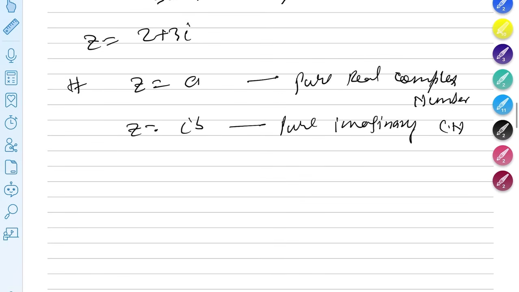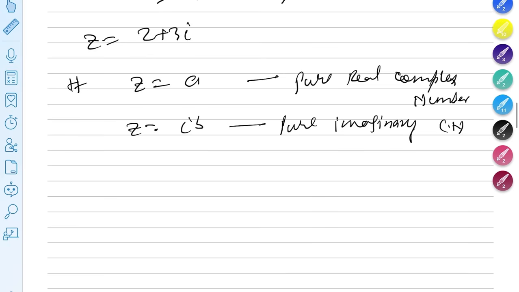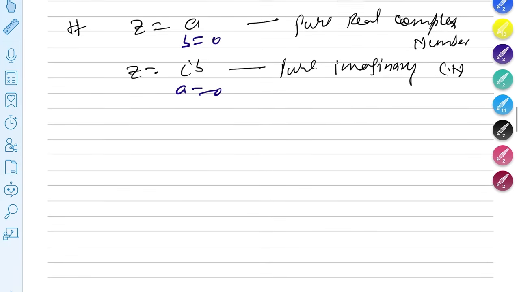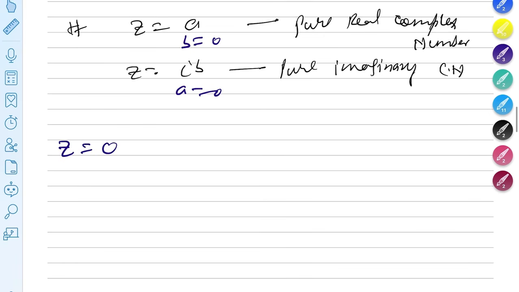So basically, if b is 0, we call it a pure real complex number. If a is 0, we call it a pure imaginary number. What happens if z is equal to 0?